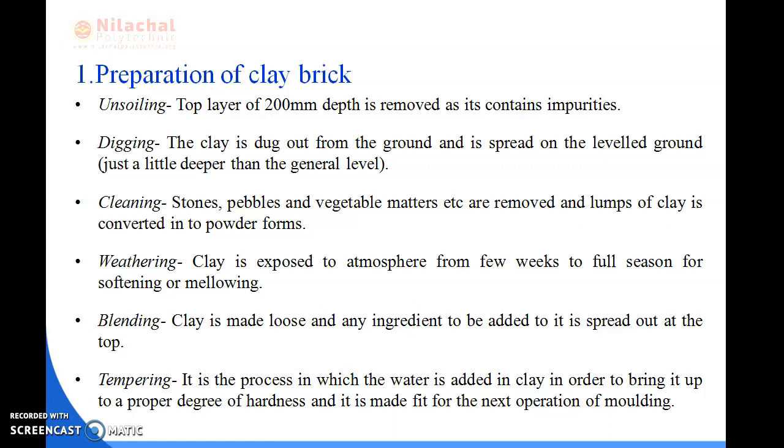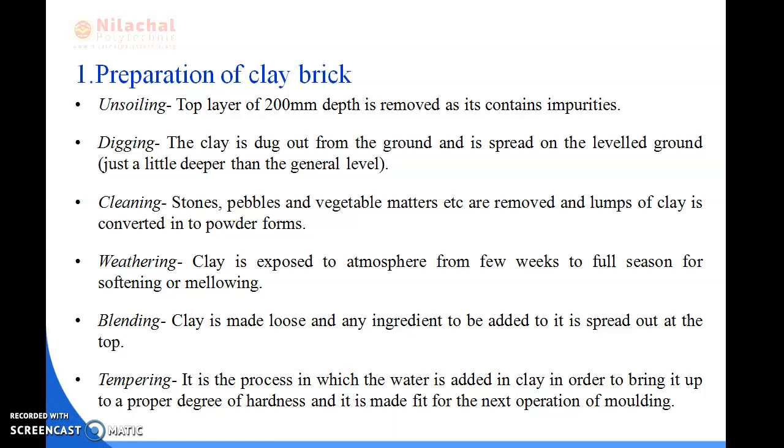After the clay is dug out and spread on the level ground, the stones or pebbles, vegetable materials or any type of impurities are removed from that level ground where the clay has been spread out. And if any lumps are there, they can be converted into powder form.